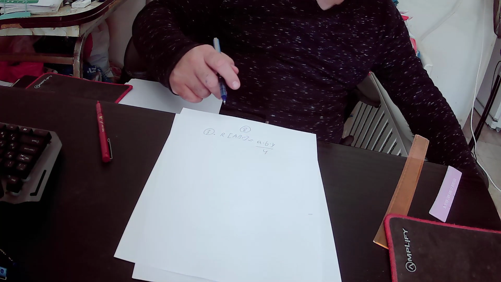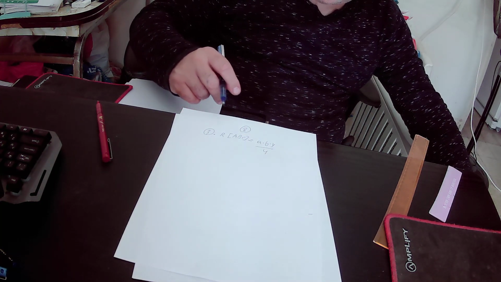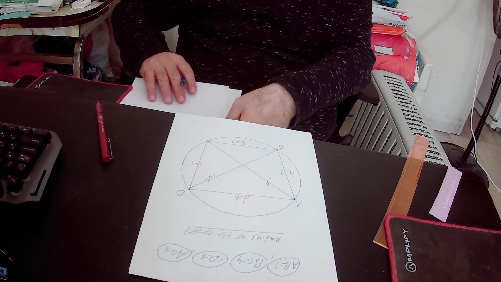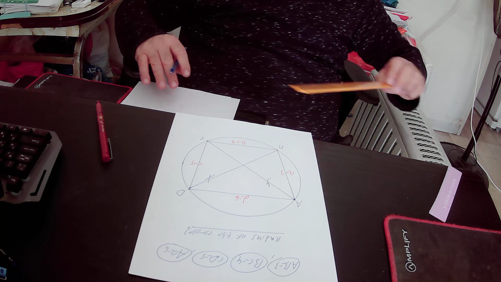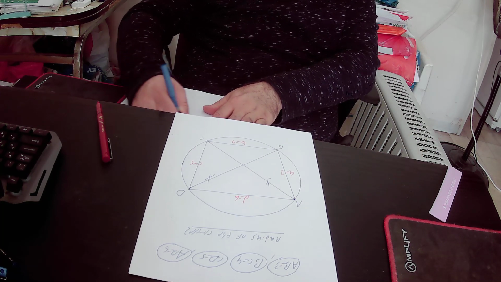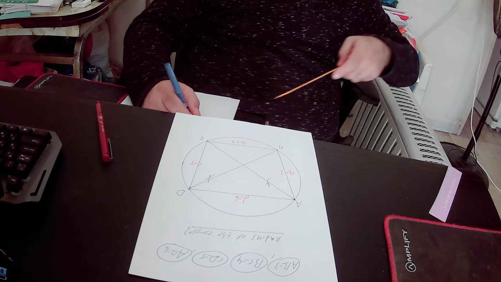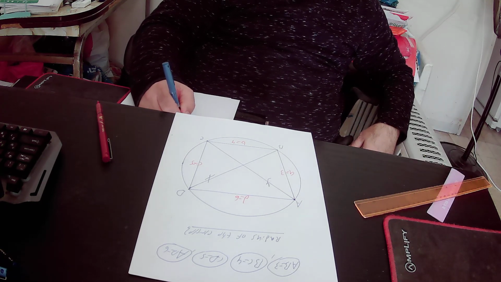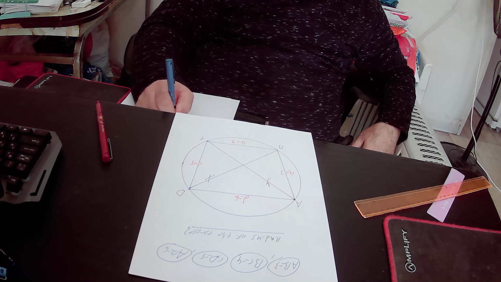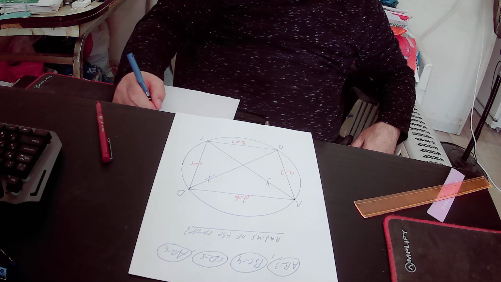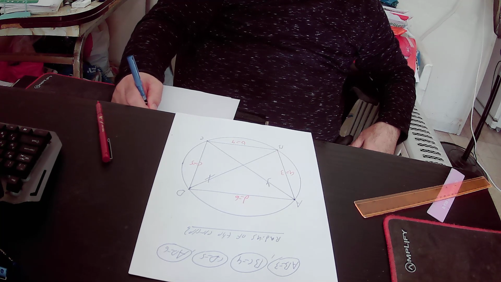Here we will divide by R, and we will get that the area of triangle ABC equals aby over 4R.